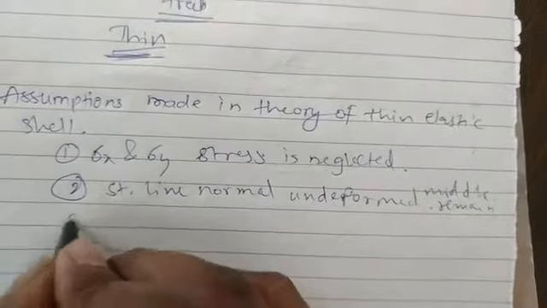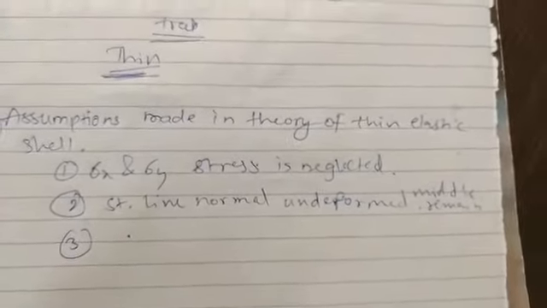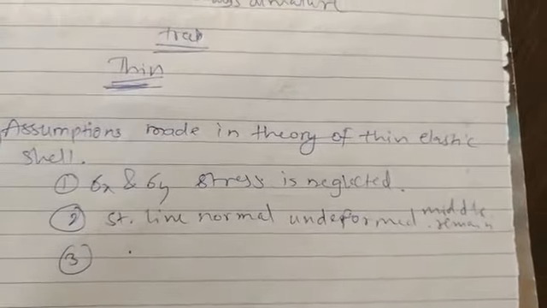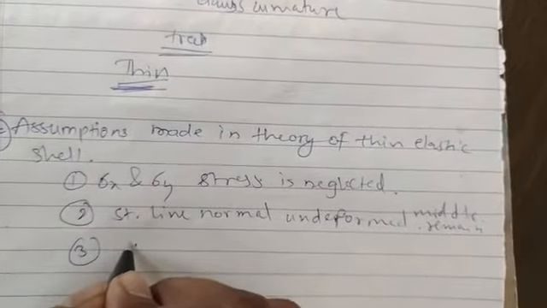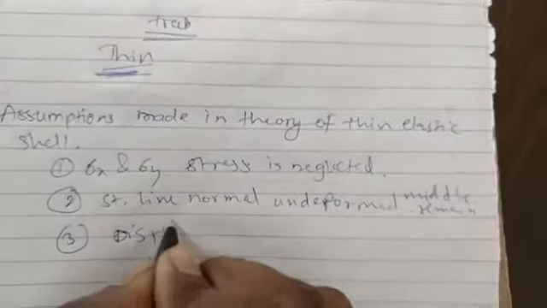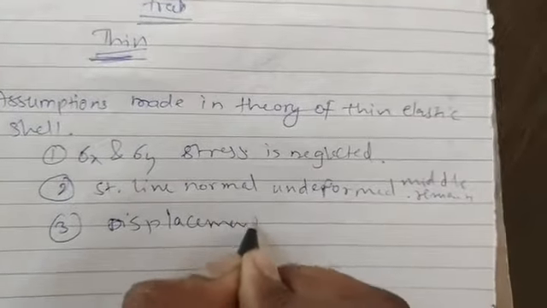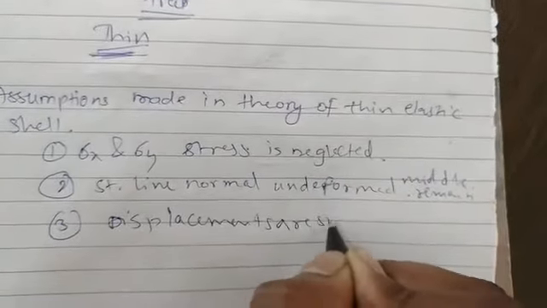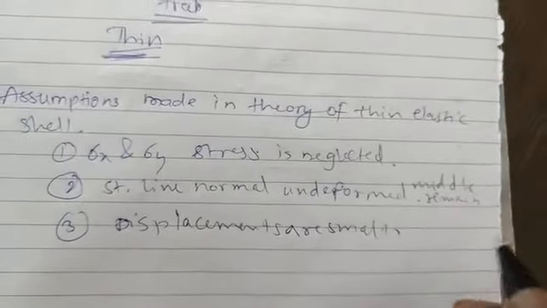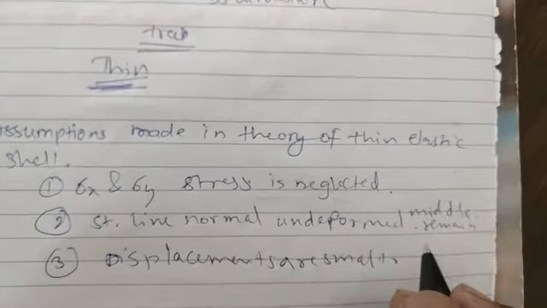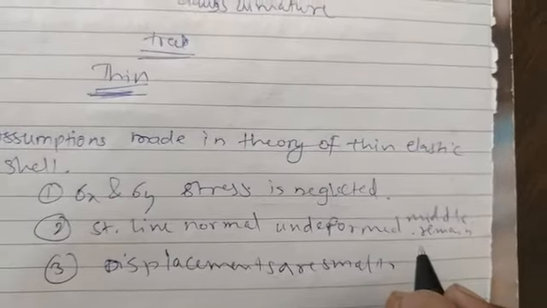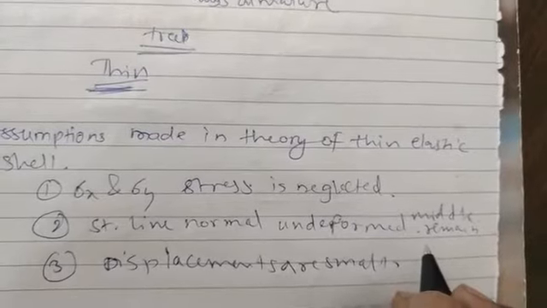The third assumption is that displacements are small enough so that the changes in geometry of shell are negligible for equilibrium. I'll repeat that: displacements are small enough so that the changes in geometry of shell are negligible for equilibrium.